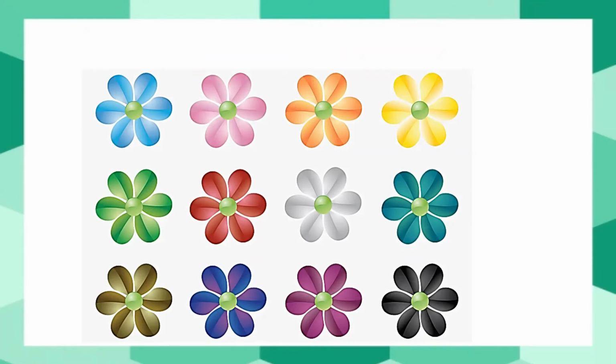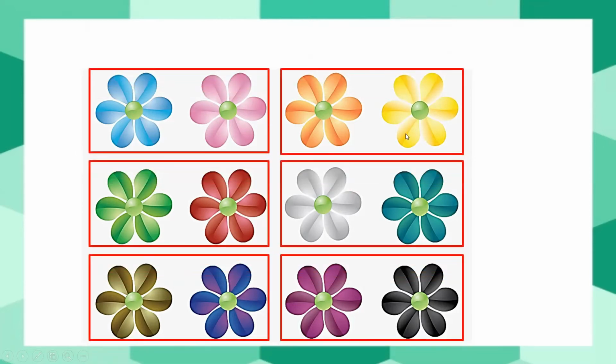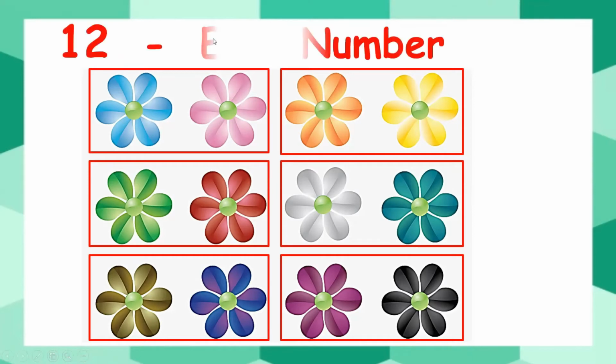Okay. We know that 12 is even because these 12 flowers can be grouped into twos. Okay, like this. Each of them has a pair, so they are called even numbers. Again, so 12 is an even number.